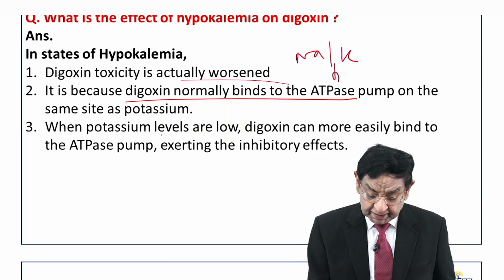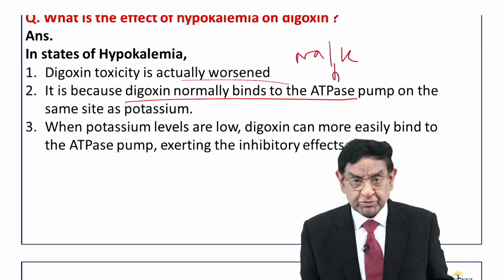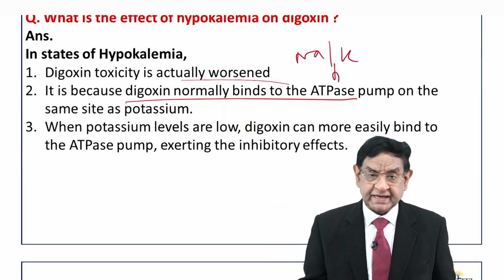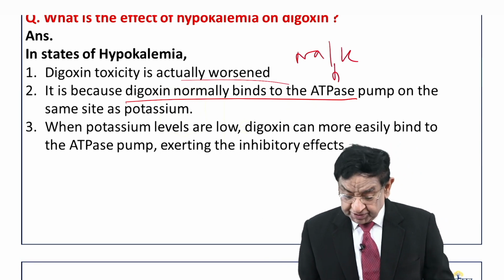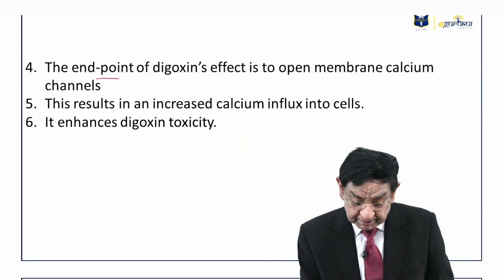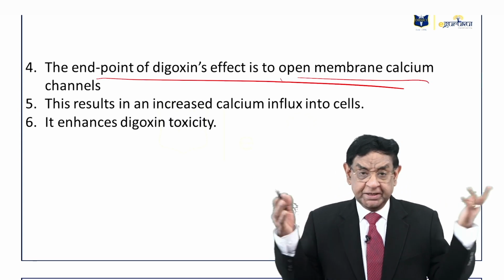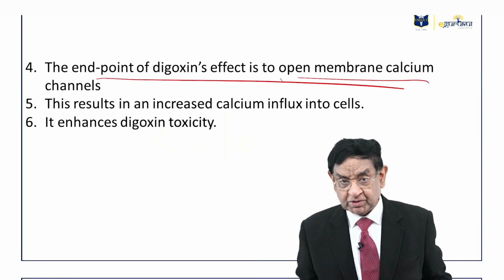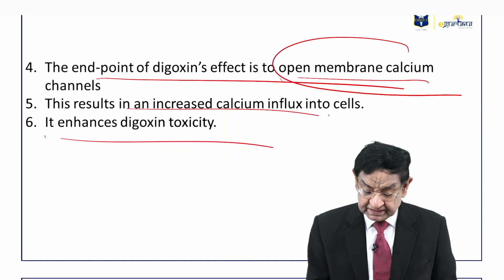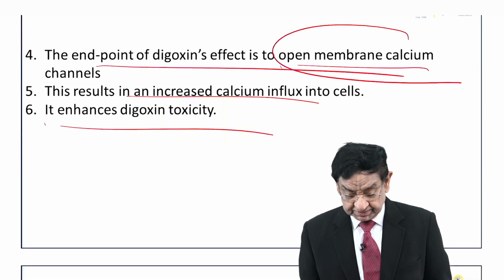When there is hypokalemia, the low potassium level means more digoxin can bind to that vacant site, which induces toxicity. As more digoxin binds, it opens the membrane calcium channel, and potassium is not coming in because potassium level is low. More calcium comes in, increasing intracellular calcium and enhancing the toxicity of digoxin.